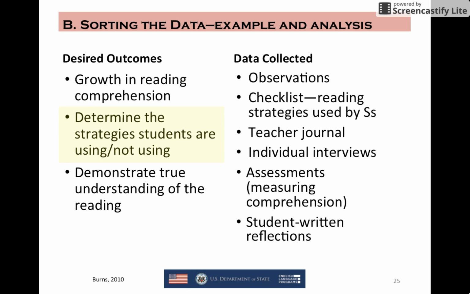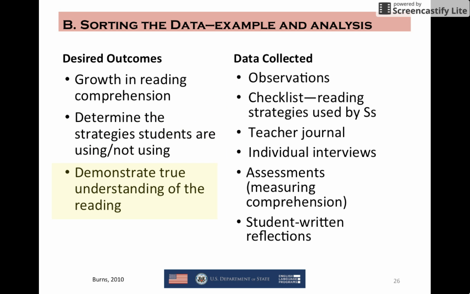Observations, checklists, and individual interviews. The teacher could use observations to determine what reading strategies the students were using. She could also use checklists to see which reading strategies the students said they were using. And she could also assess this through individual interviews by asking students which reading strategies they were using.